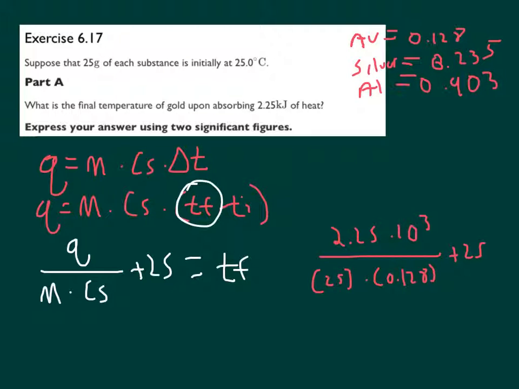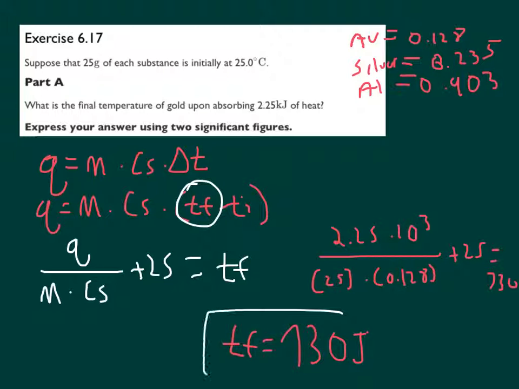Now, when you do this out in your calculator, what do you get? I roughly got a value of 730. So TF equals 730. That is the answer.